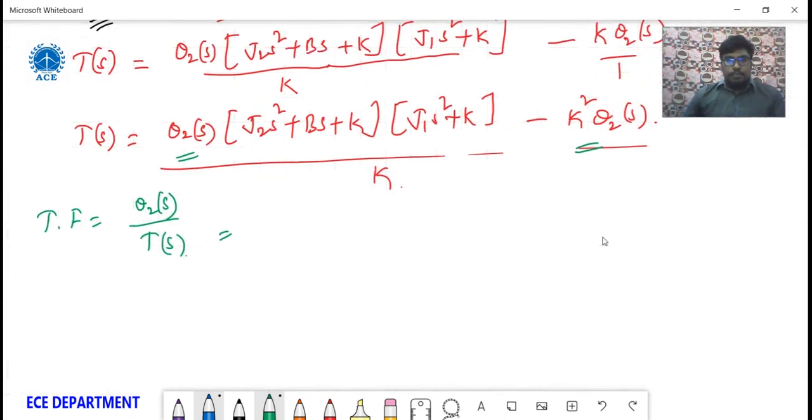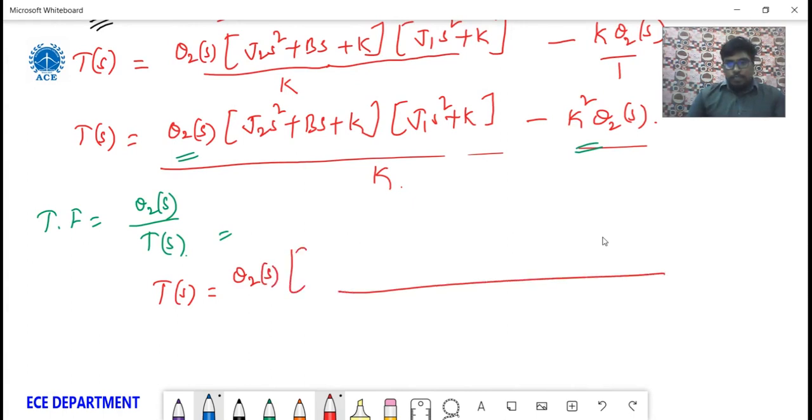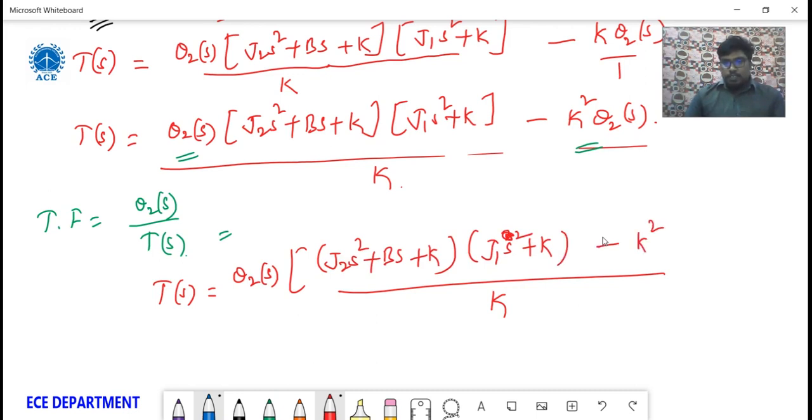I'm writing the equation here: T of s is equal to theta 2 of s, taking this common, into the term k, and this one will be (J2 s square plus bs plus k) into (J1 s square plus k), minus k square.